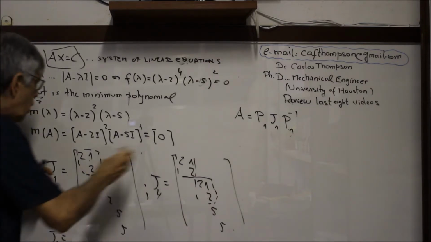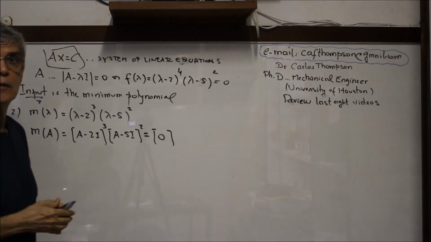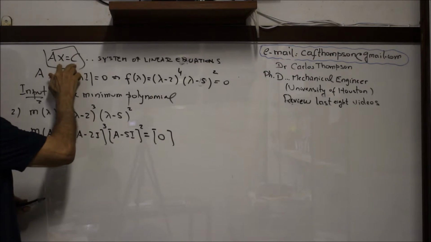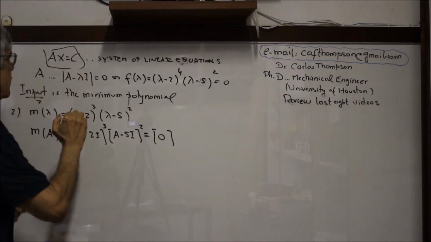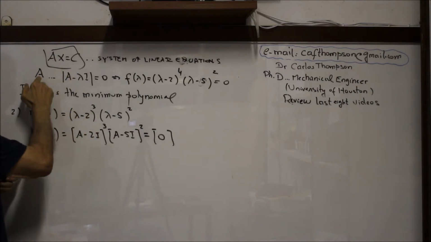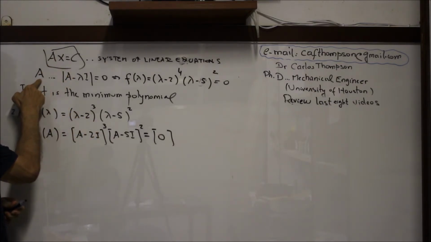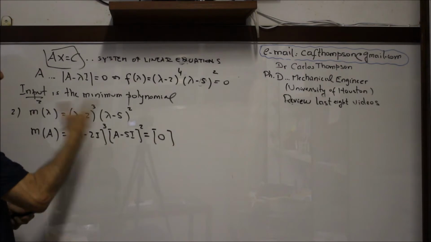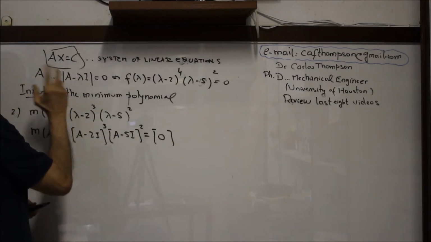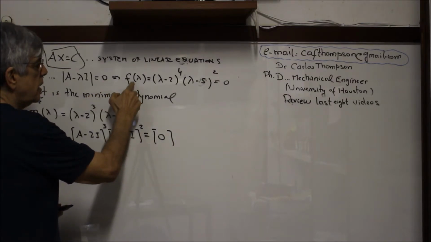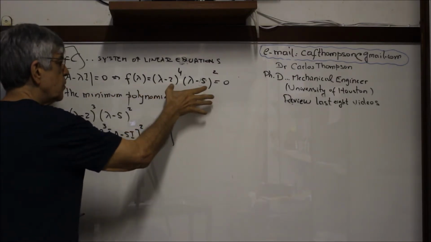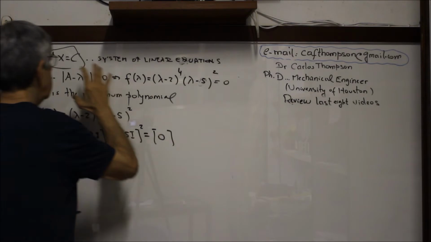Now, another one, suppose a system of linear equations, somebody wrote A, a different A from the previous case. Then he obtained the characteristic polynomial. Suppose this is equal to 0.